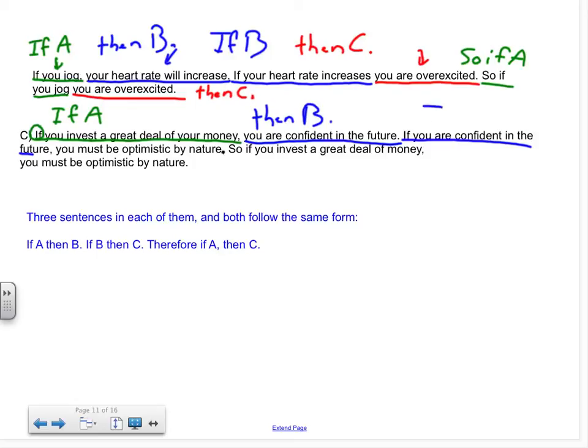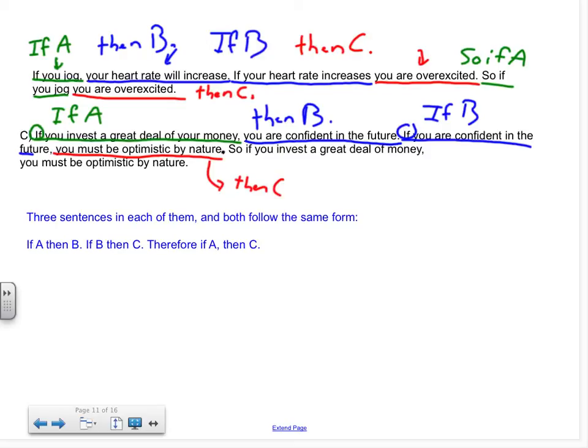Period. If B, you must be optimistic by nature, so we'll highlight that in red. If B, and we'll put it down here, then C.